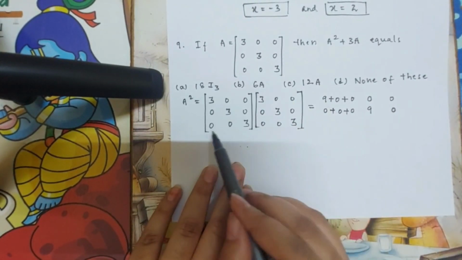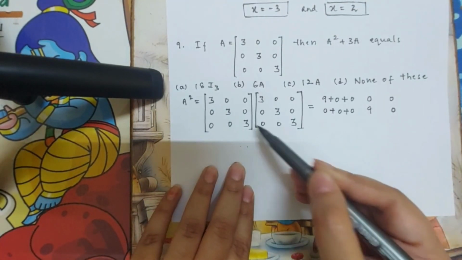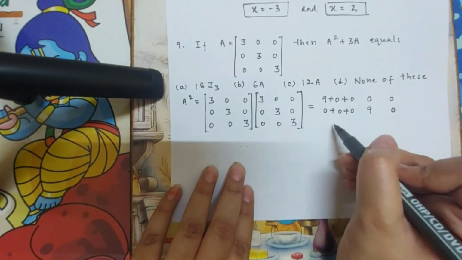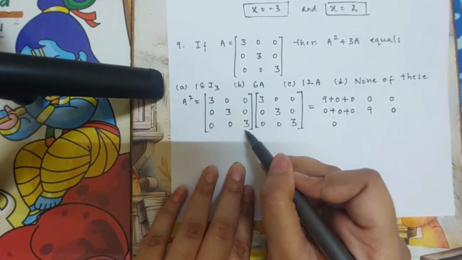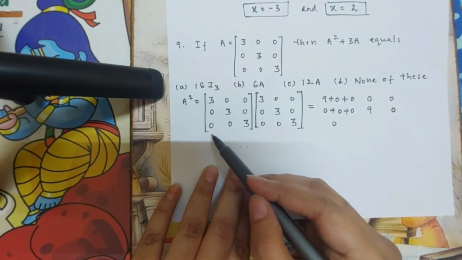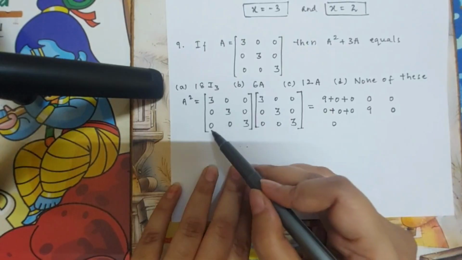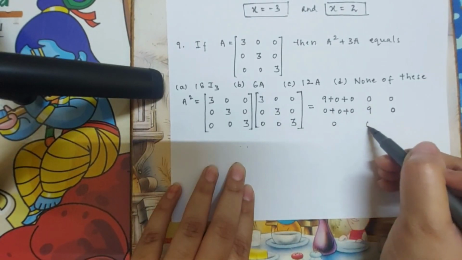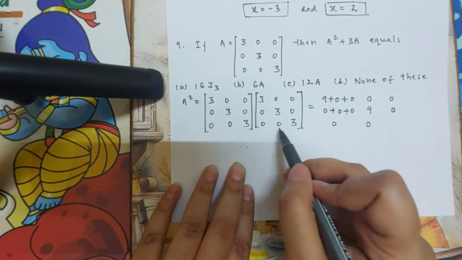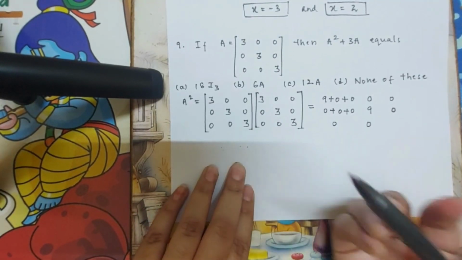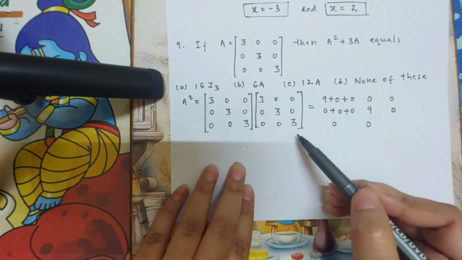Now for the next element, I'll be considering the third row with the first column. So 3 into 0, 0, 0 multiplied with 0, again 0, 3 into 0 is 0. For the next term, we'll be considering the third row and the second column. So 0 into 0 is again 0, 0 into 3 is 0, plus 3 into 0 is also 0. Now for the last element, we will be considering the third row with the third column.